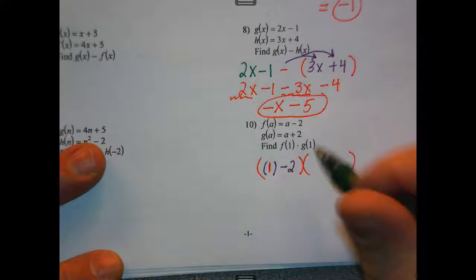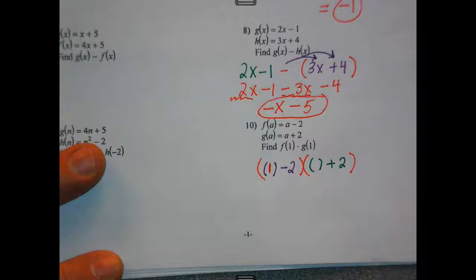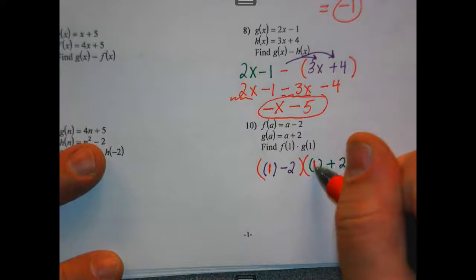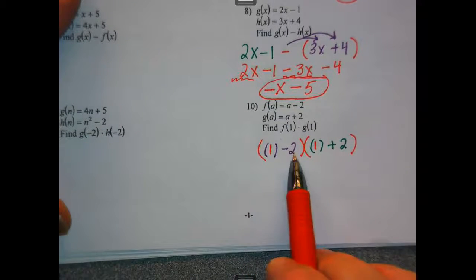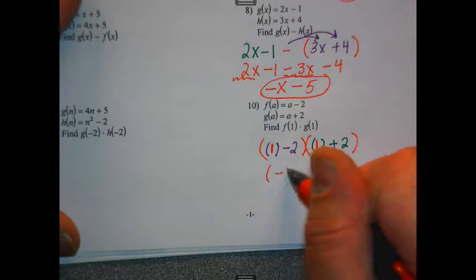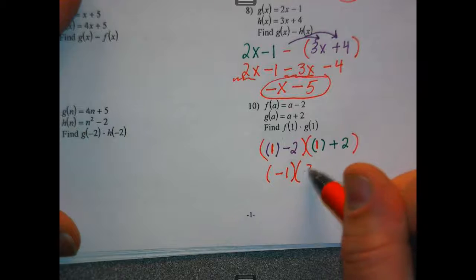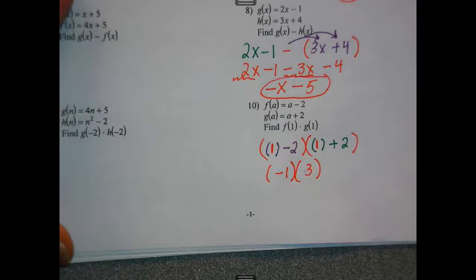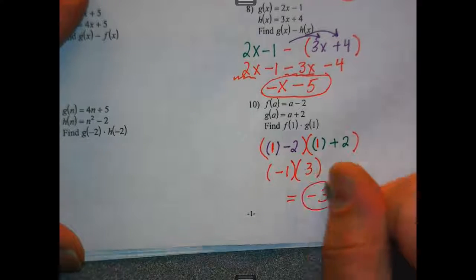And then I need my g of 1, so I have a plus 2, and my a is 1. Okay, 1 minus 2, negative 1. 1 plus 2 is 3. 3 times negative 1 is negative 3.